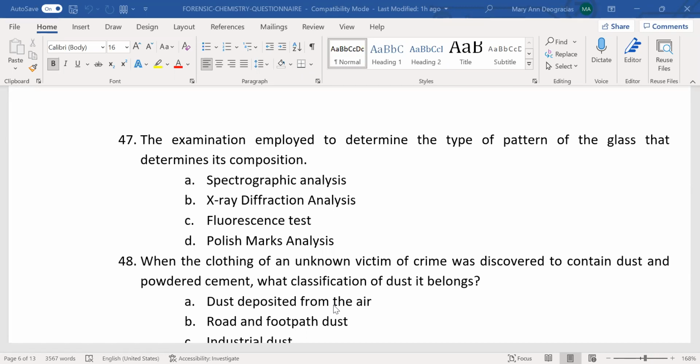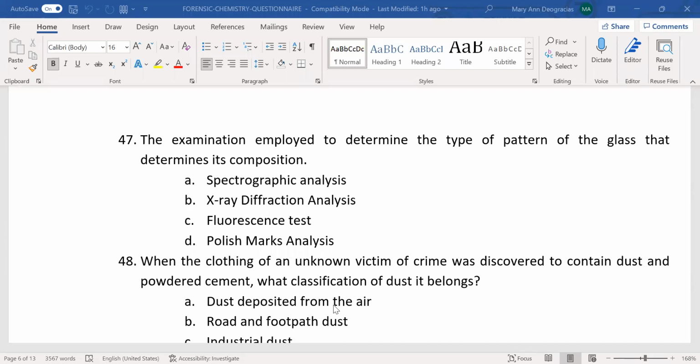X-ray diffraction, composition. What is the composition of glass usually? Anong main component ng glass, guys? It is silica or silicon dioxide, SiO2. Ayan, silica. Main component of glass means silica or silicon dioxide.